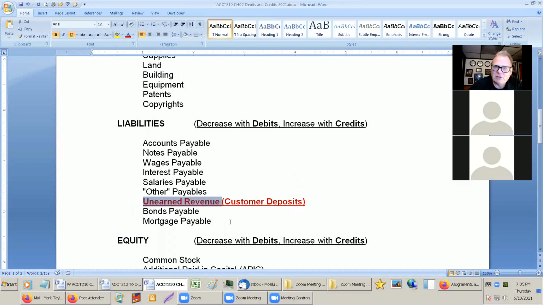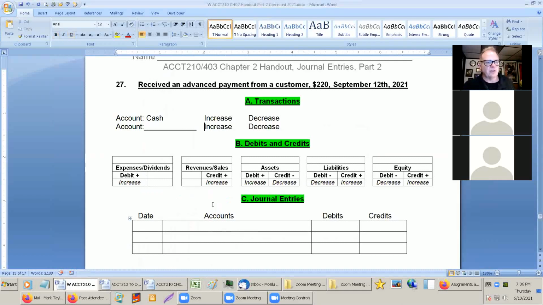Kind of a bad name because it's really not a revenue. Unearned revenue is a liability. As we do the work, as we work it off, it'll become earned revenue. But initially, it's called unearned revenue, and it's a liability because if we don't do the work, we've got to give them the money back.